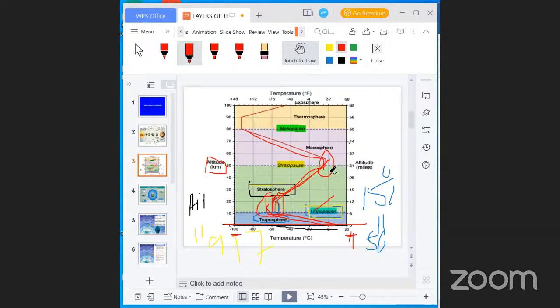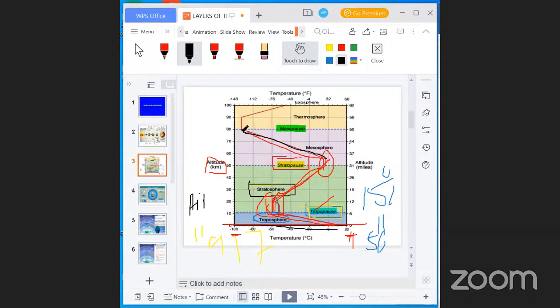For some time it remains constant, which is the stratopause, right? This stratopause. And then again it starts decreasing in the mesosphere up to here, right?